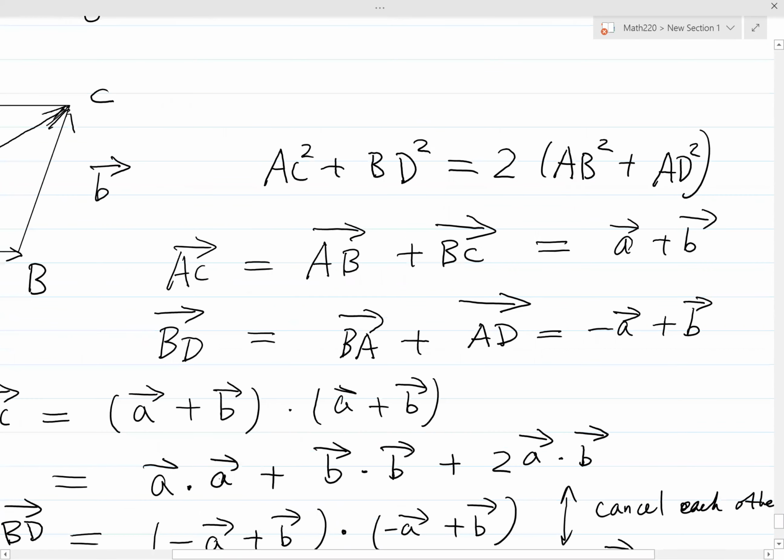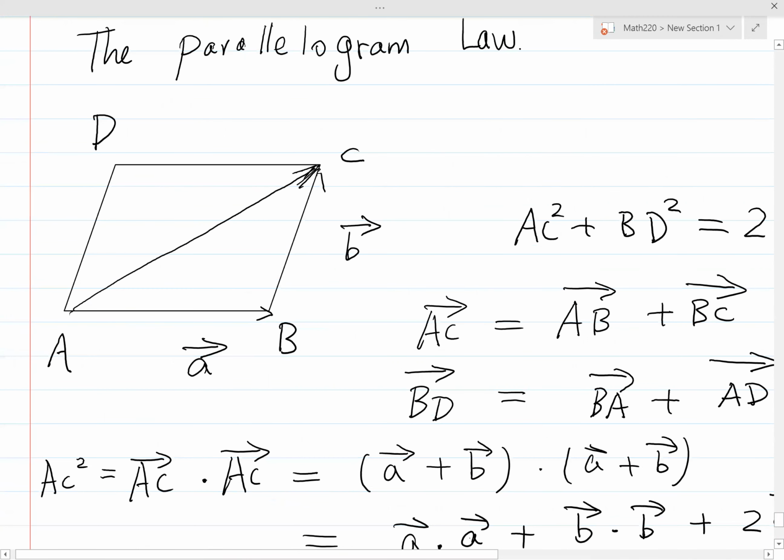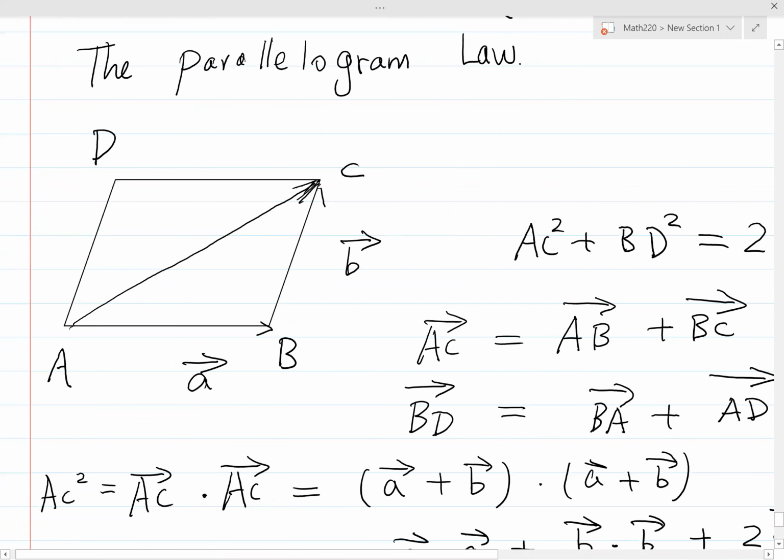BC and AD, you see, a vector is determined by its direction and magnitude. AD and BC are parallel, which means they have the same direction, and they have the same magnitude. This comes from the property of the parallelogram.